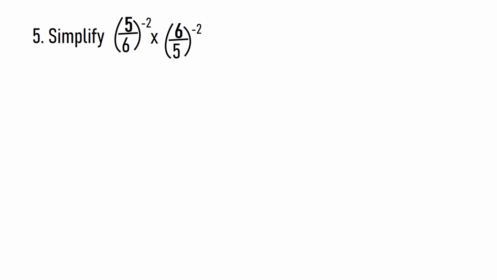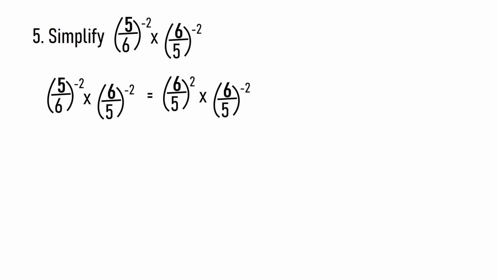Question 5. Simplify 5 over 6 raised to power negative 2 times 6 over 5 raised to power negative 2. This expression is the same as 6 over 5 squared times 6 over 5 power negative 2. We can see that we have taken the reciprocal of the first part since the power was negative.